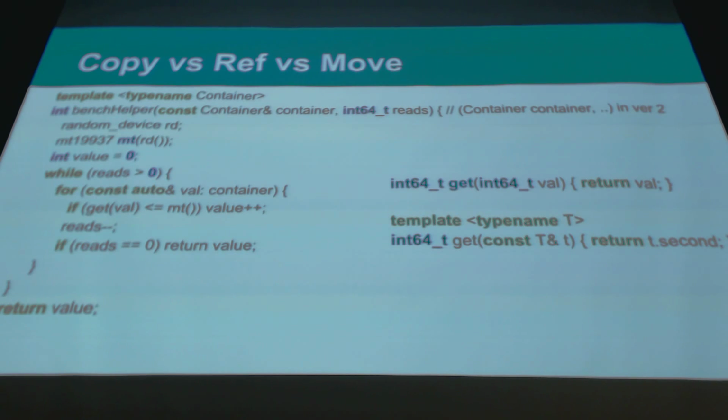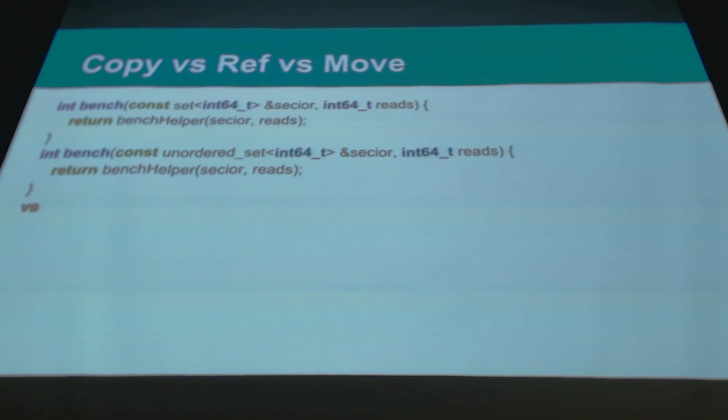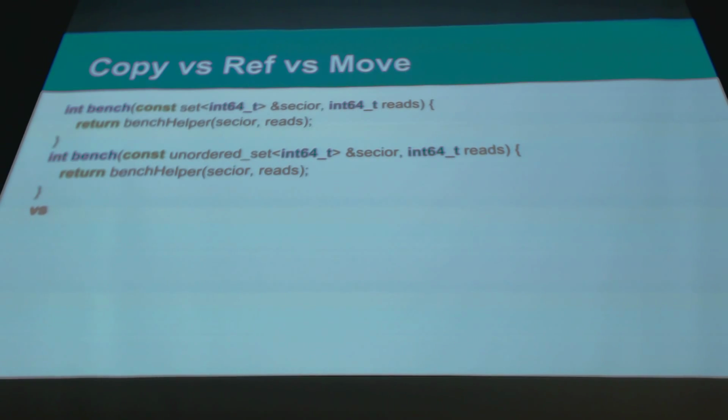And of course, in version 2, where I copy things, I will just take it by value, not by a reference. And to make it harder for an optimizer, of course, I will declare a function like this and define it in some other translation unit.